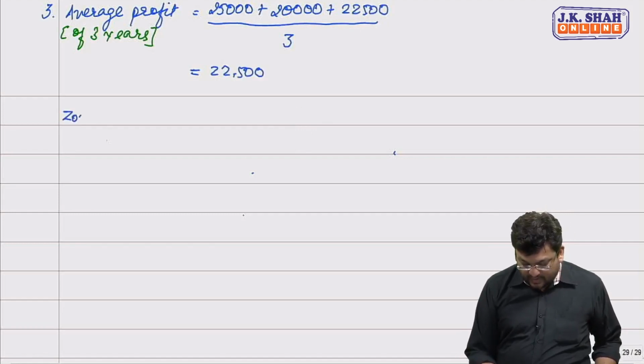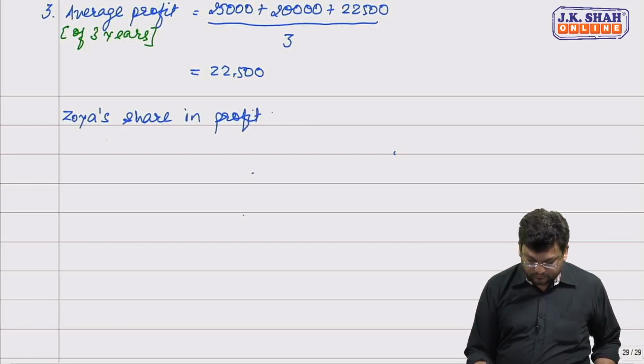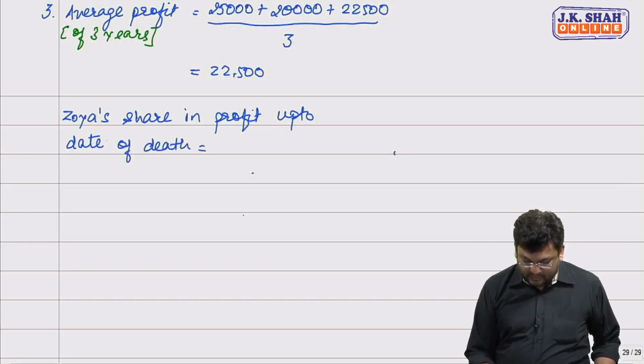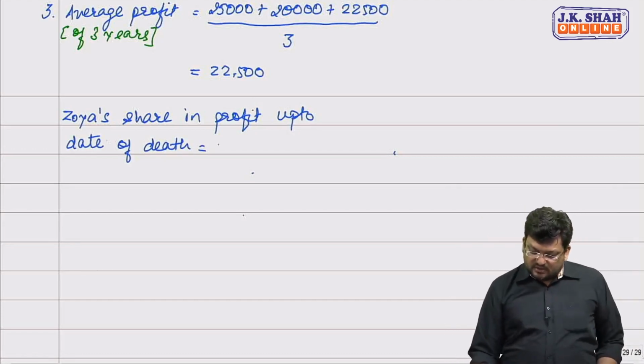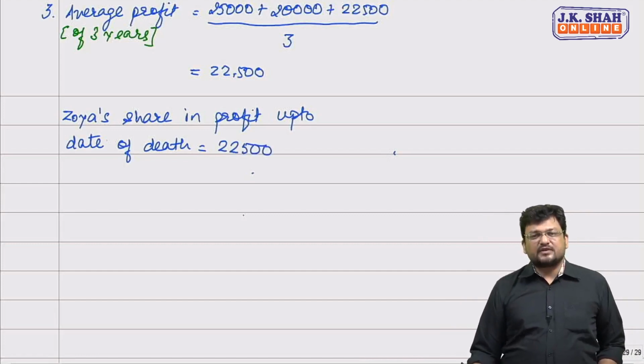So we may now calculate Zoya's share in profit up to date of death. Zoya's share in profit up to date of death will be how much? 22,500 is profit of 1 year. It is profit of 12 months.